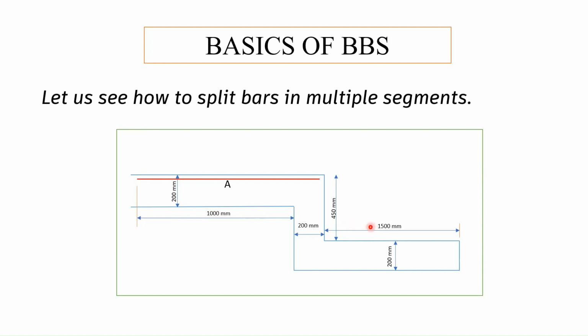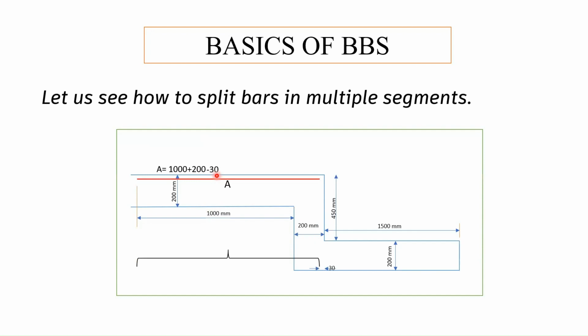The length is 1000 mm, then it is traveling into this offset which is of 200 mm. So first of all, we will add 1000 plus 200. Then we have to deduct the clear cover of 30 mm from this length. So the first length is ready with us, that is 1000 plus 200 minus 30.